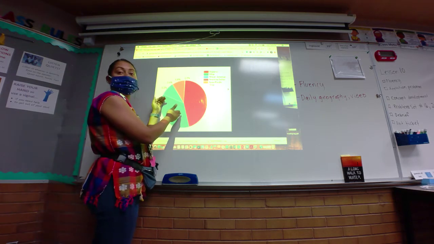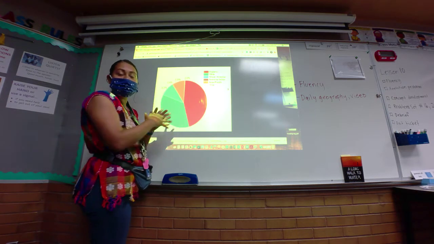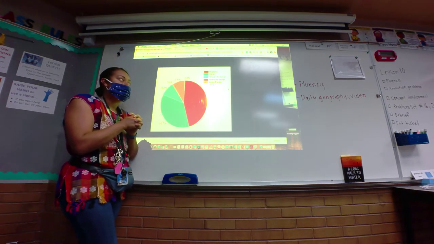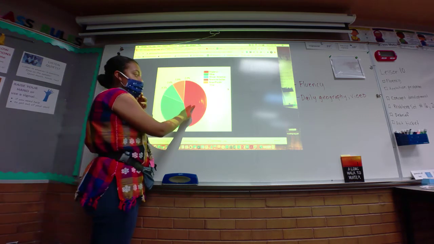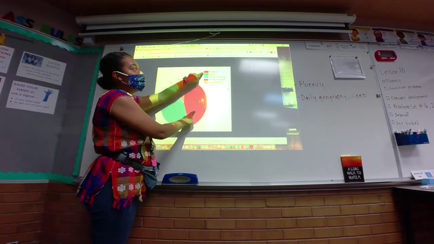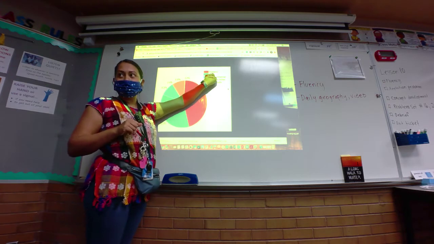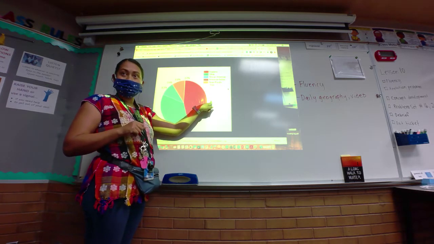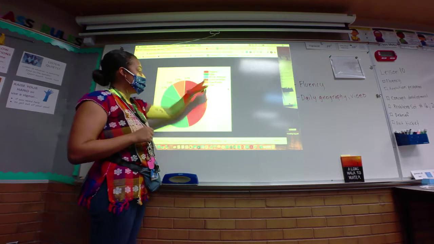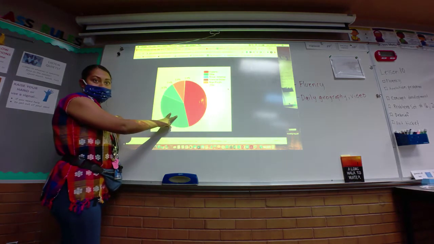Each piece of the pie chart is a different section. So if I'm looking here, the red right here means Hispanic. That would be 45.4%. For white, that would be this piece right here.